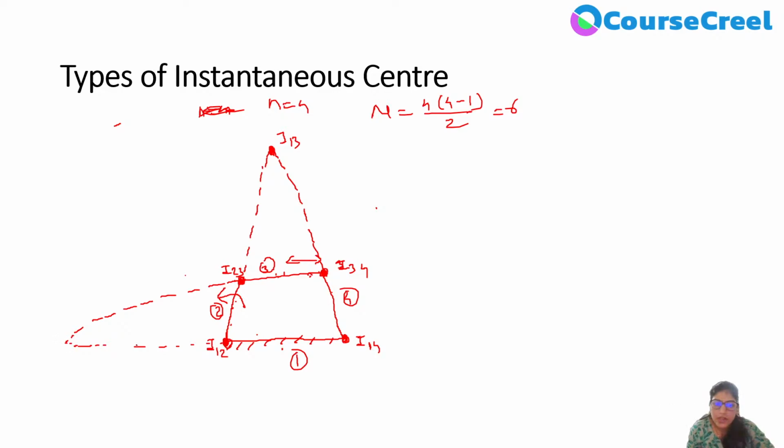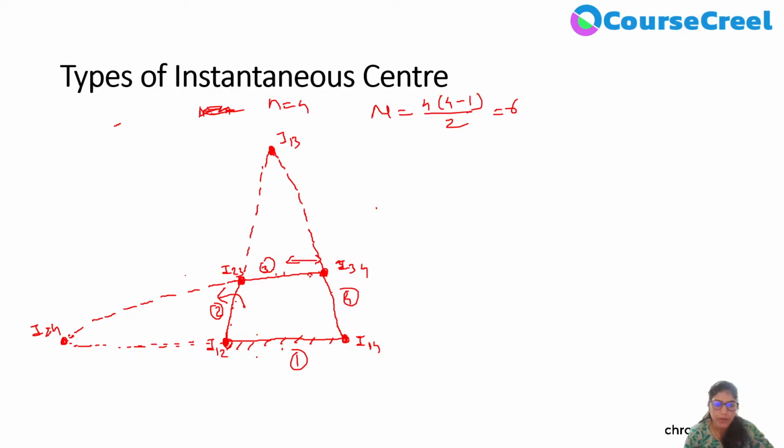So the point where both the extension lines are intersecting, that we will consider as 4 and 2, so I24. So this is also imaginary and it will continuously displace with respect to rotation or with respect to motion. So this is also neither fixed nor permanent type of instantaneous center.